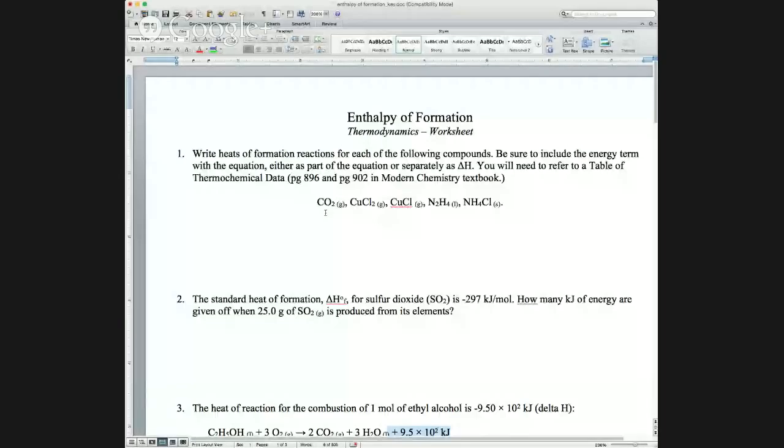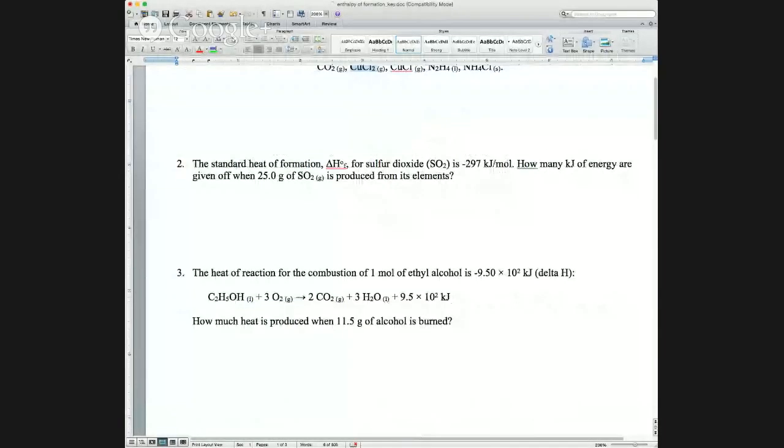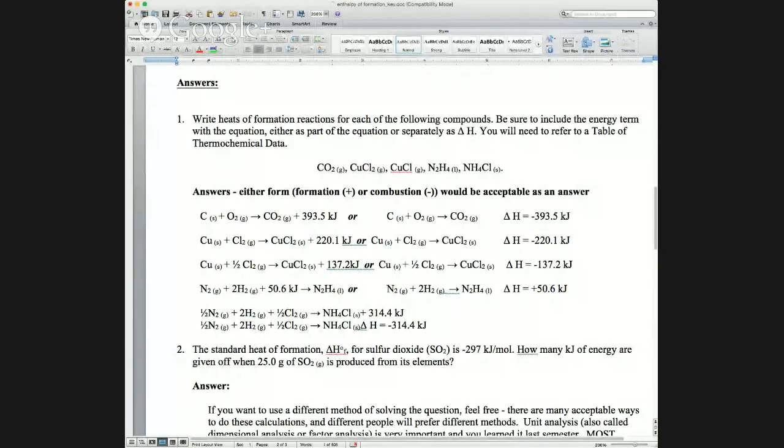Okay, so the CuCl2, was it not in here? It's just like that. Oh, you're saying you couldn't find a place to put it. Okay, finding the delta H. I will say this. We said to look it up.